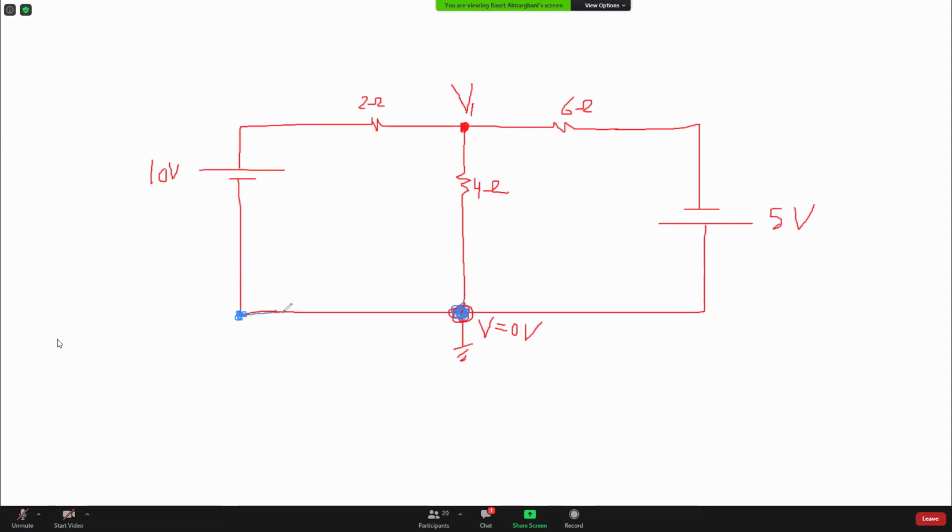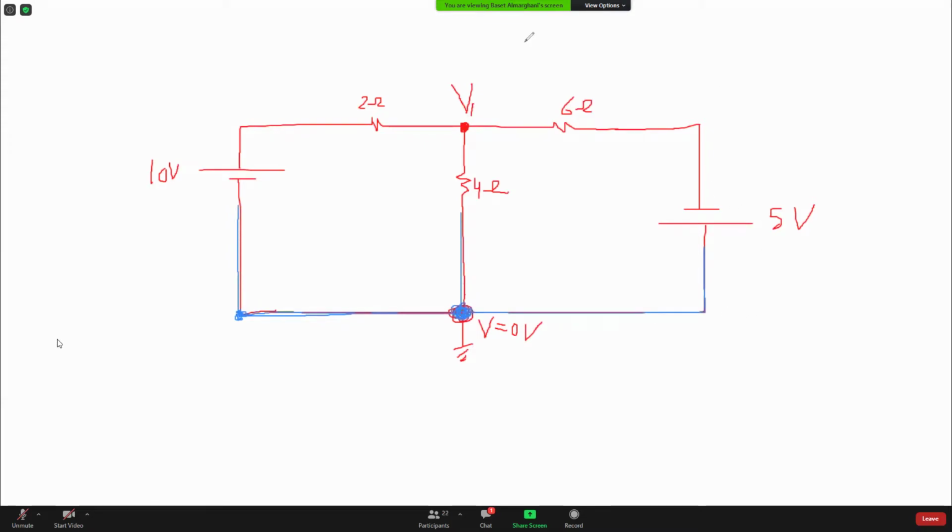Same. Still 0 because it's connected with the wire. There's nothing here. There's no drop or gain. You still have 0 volt, 0 volt, 0 volt. You go until here, there's 0 volt, and until you get to the resistor. This is all one point. This is 0 volt here. Okay.